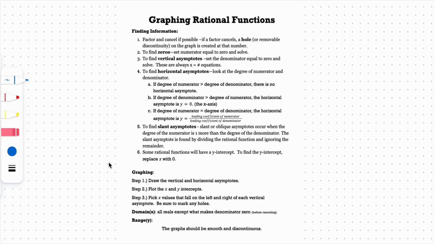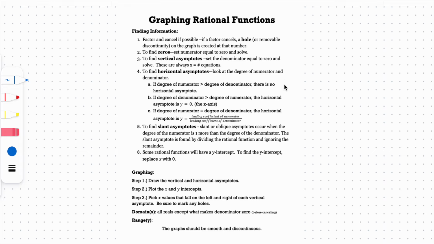And there are some rules with this. It all centers around the degree of the numerator and the degree of the denominator and how they compare. Our first case is where the degree is greater in the numerator versus the denominator. In that case, there is no horizontal asymptote.